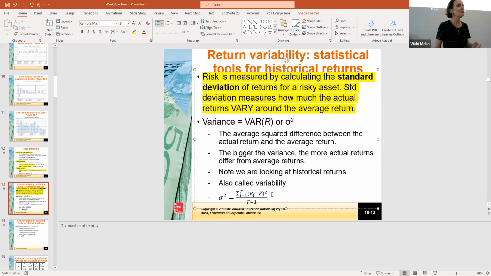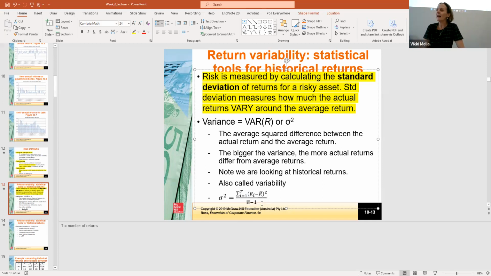We might have the actual returns for a risky asset over 5 years. So we have 5 actual returns. We take each return, subtract the average return, and square it. And we sum all of those together, and we divide by T minus 1. T is the number of observations that you have. So if we have 5 years of returns, T would be 5. We have 5 years of data. T is 5, so we divide by T minus 1.